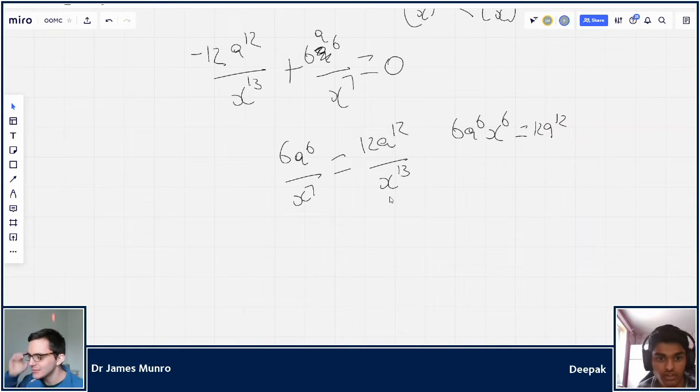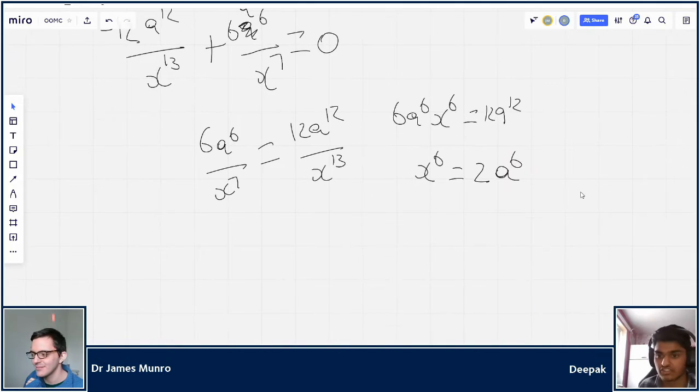Then we could divide by 6a to the 6. That gives me x to the 6 equals 2a to the 6. So it's going to be the sixth root of 2, which is certainly not something you see in everyday life, times a.